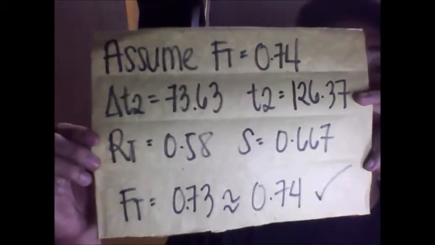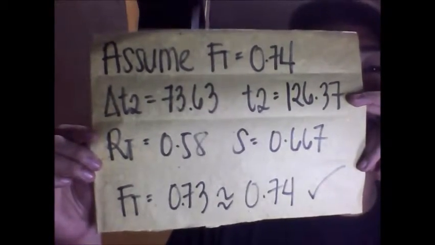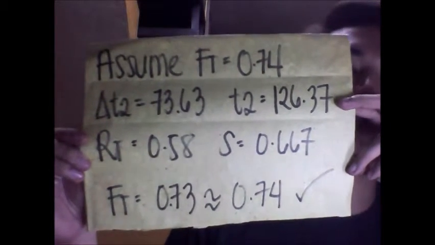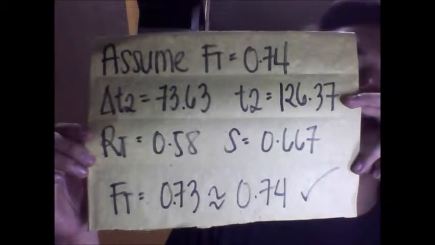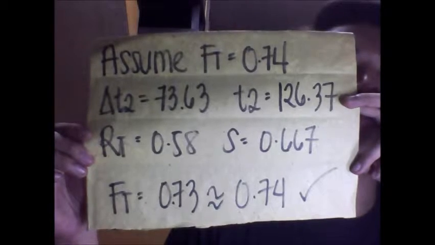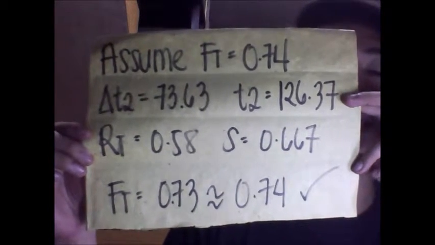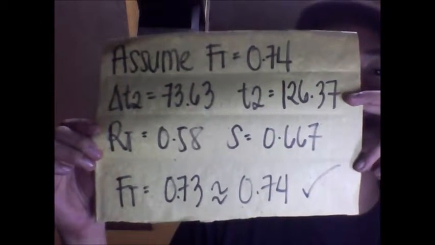And after many times of iteration, we assume that Ft is equal to 0.74. Then plugging in the values again into the equation, we will have delta T sub 2 equal to 73.63.